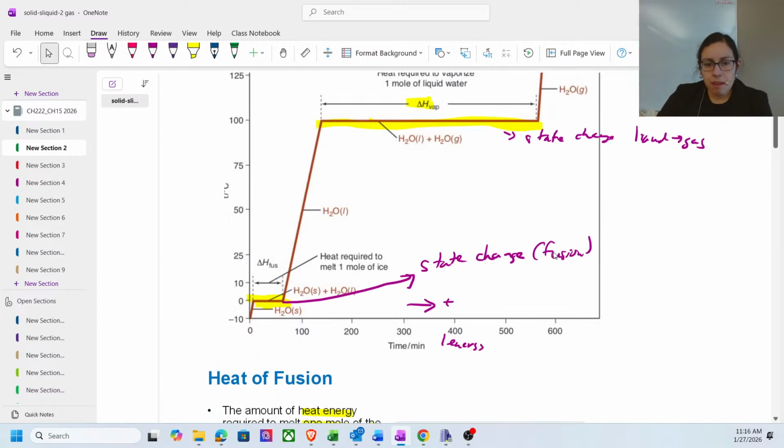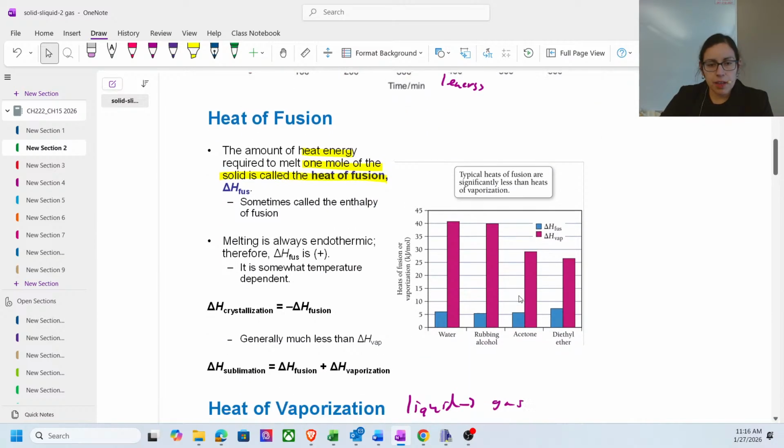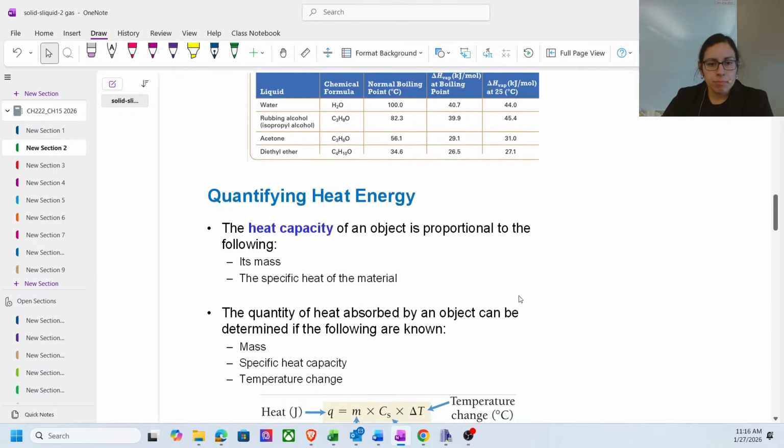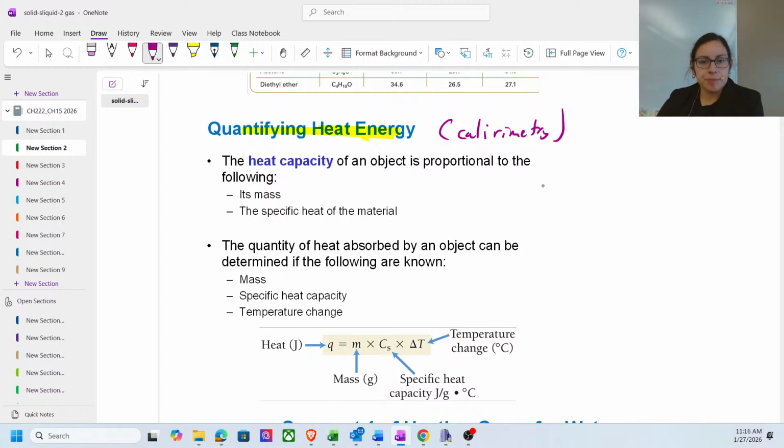All right. Now let's look at the other pieces of our heating curve. We've done this before. The last legs that we need are quantifying our heat energy, thinking back to thermodynamics. We did this at the tail end of first quarter with our calorimetry cups, so at the very least maybe you can think back to that experiment.